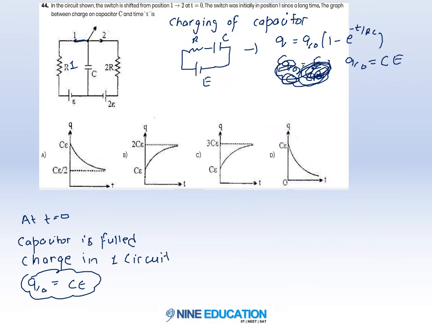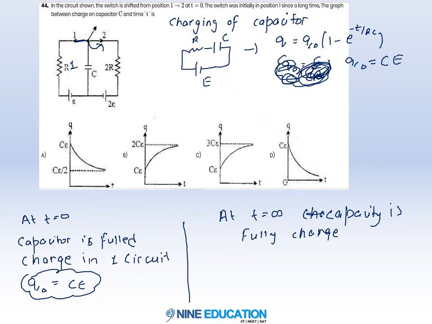Now at t equals 0, it is connected with circuit 2, and at t equals infinity, the capacitor is fully charged up to the maximum charge for circuit 2.